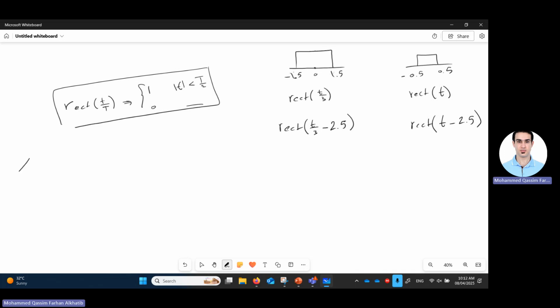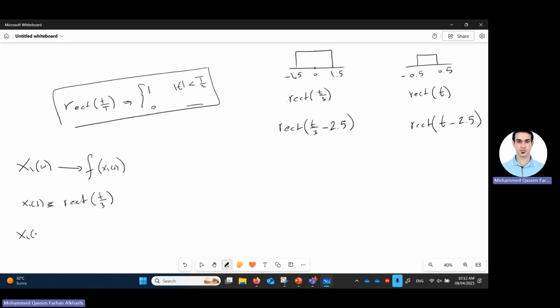So X1 of omega is basically the Fourier transform of x1 of t. I'll start with this. x1 of t equals rect of t over 3.